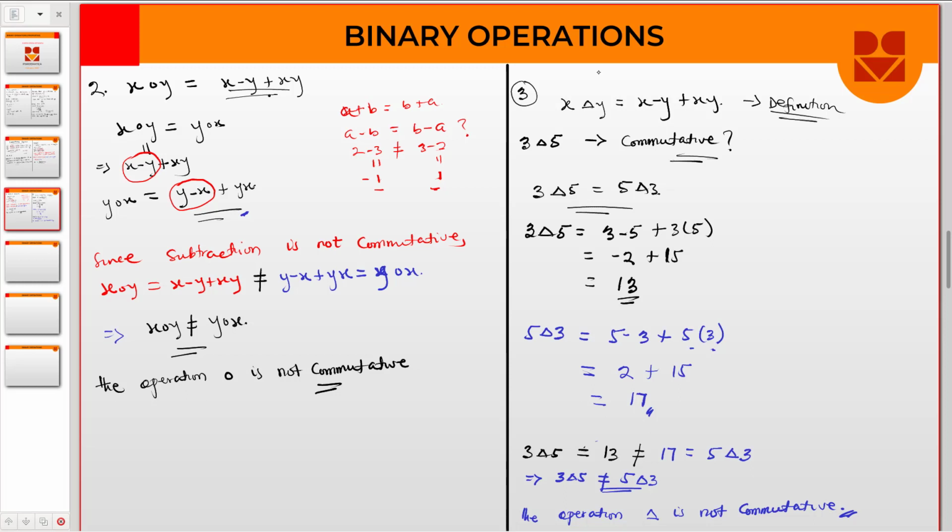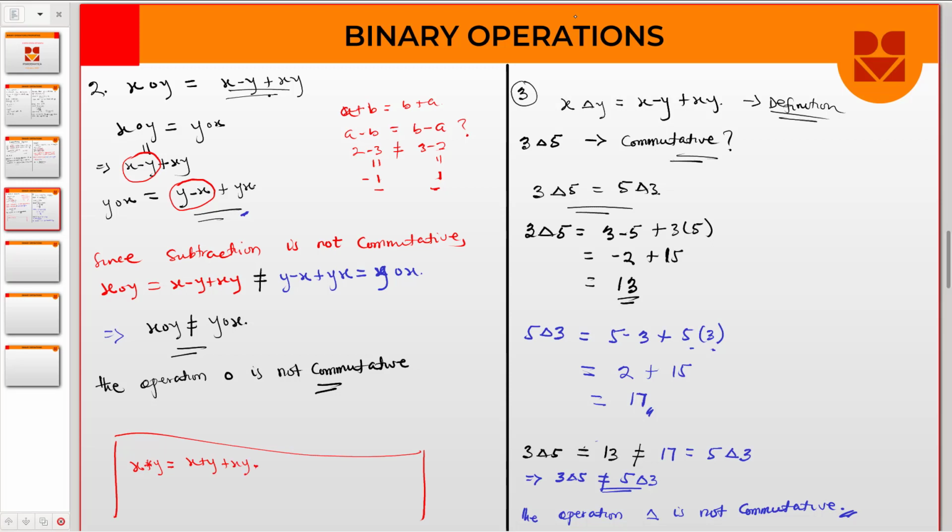I would be very happy to see if you could use the same definition from the first one. So here I'm giving you a small assignment. Use the same definition: let's say x star y should be equal to x plus y plus xy.